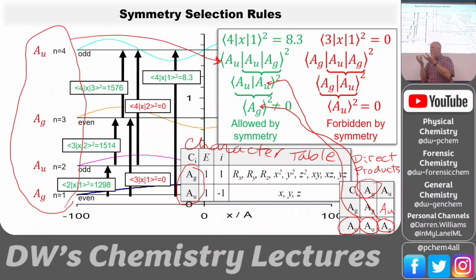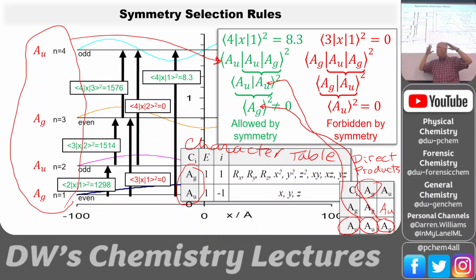So you see how much everything depends upon your ability to draw the molecule. If you can't draw the molecule well, you can't see the symmetry. You can't see the symmetry, you can't use the flow chart. You can't use the flow chart, you will get the wrong character table. If you have the wrong character table, you get the wrong direct product table. If you get that wrong, then you don't know about your selection rules.